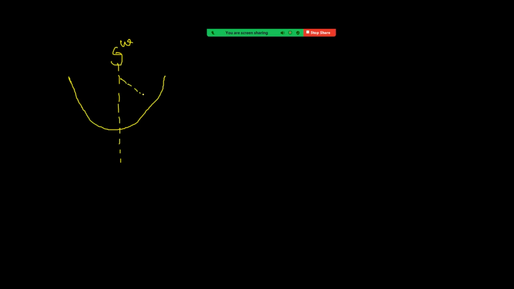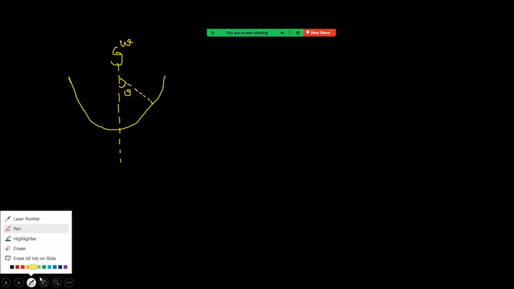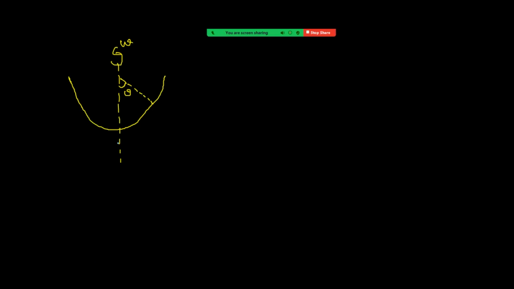Let us take this somewhere here, that ring is, suppose angle is theta. This is now location of the ring. When this wire is rotating, ring follows a circular path, like this.